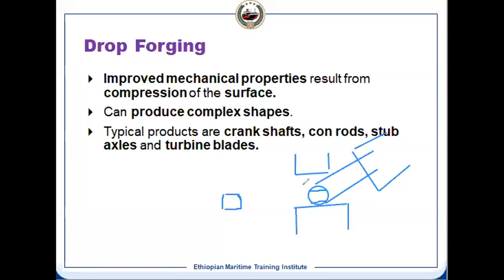So slowly you can achieve a hexagonal shape, because as it is hitting, you are turning it. You are giving this shape by dropping the weight, so this will become a very strong structure. And the crankshaft is also made like this.